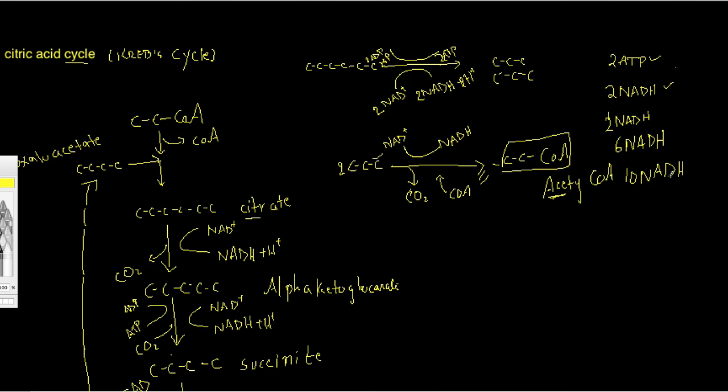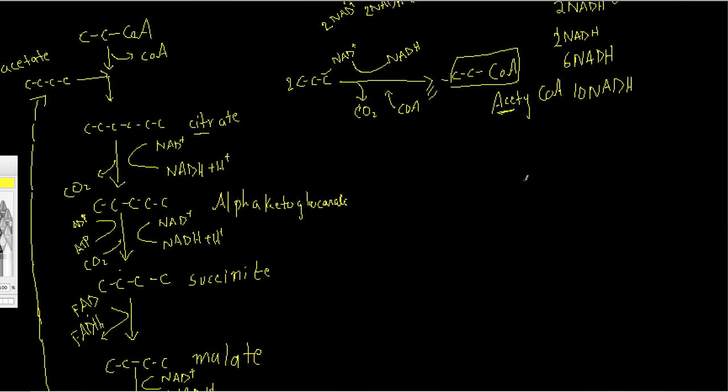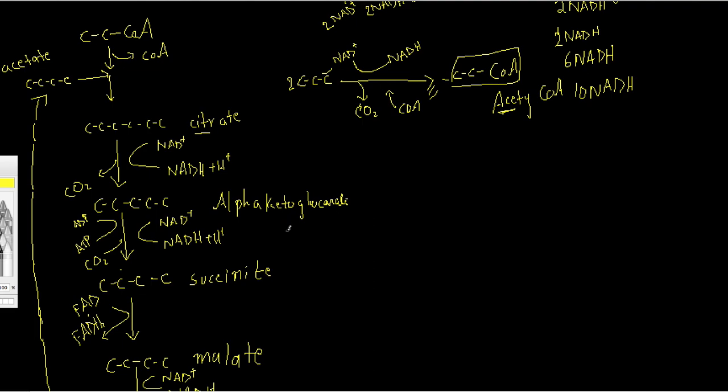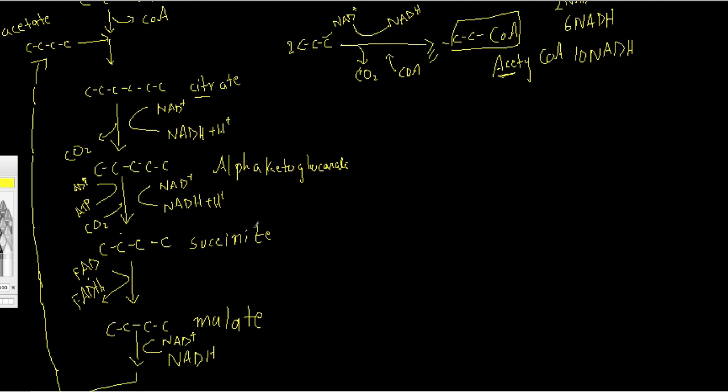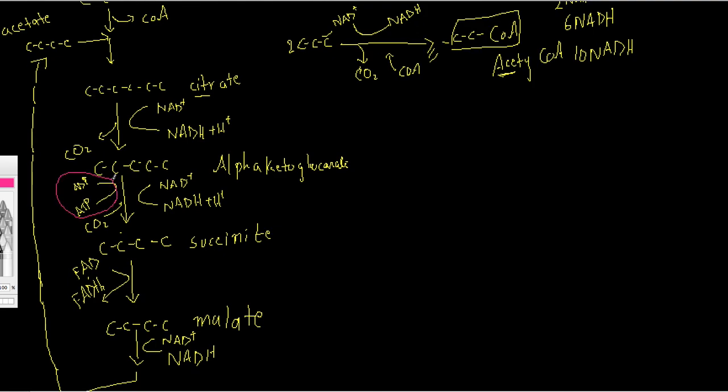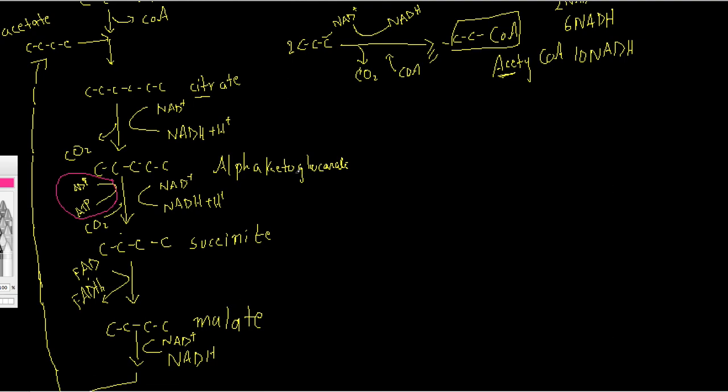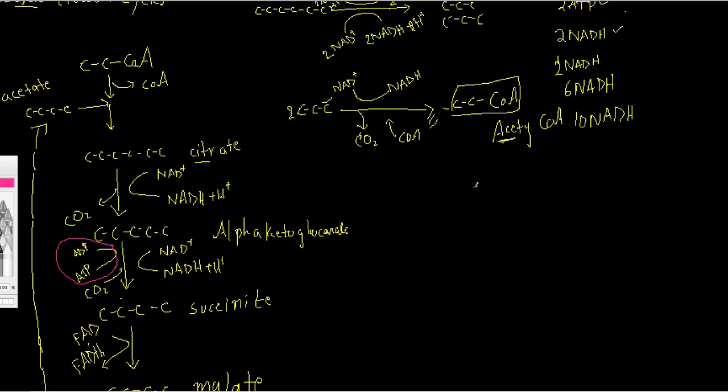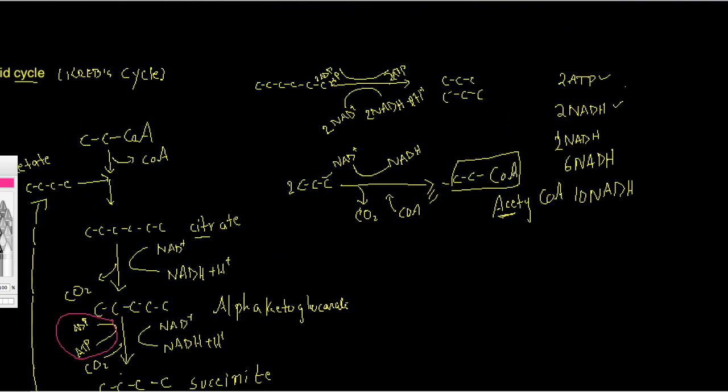Next, if you talk in terms of ATPs, the currency of energy, the energy-rich molecule from which we get energy, we generated only one. Here it is. We generated only one ATP. So this one is for only one pyruvate molecule, which I mean like only one for the acetyl CoA.